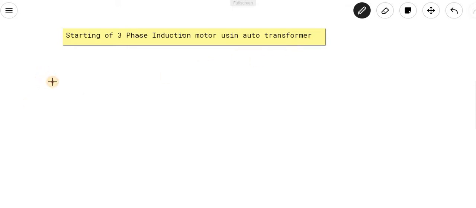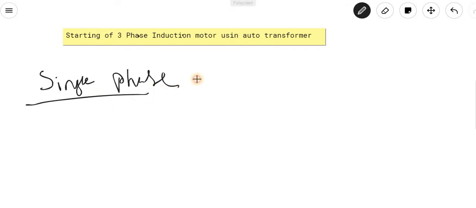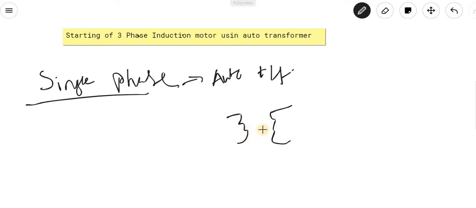As we know, the single-phase autotransformer. What is a single-phase autotransformer? If we take a two-winding transformer and make it into an autotransformer, there is a primary winding and a secondary winding.